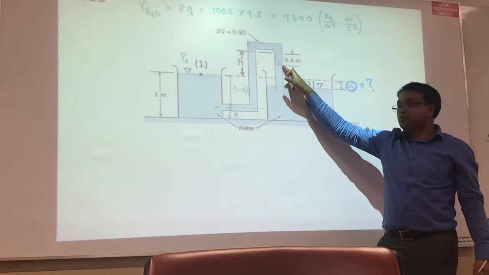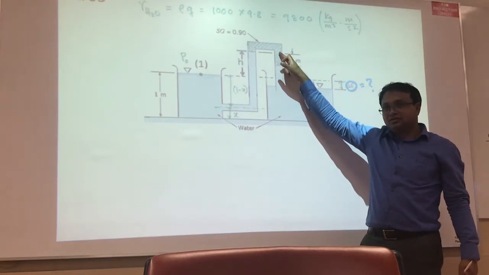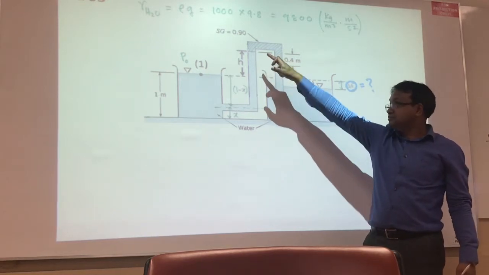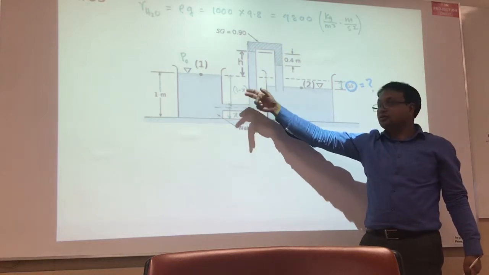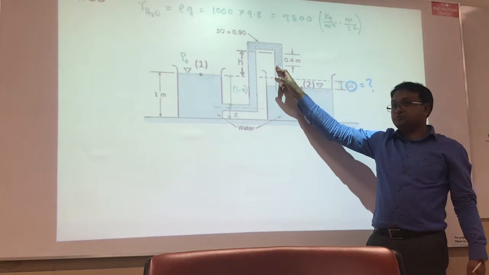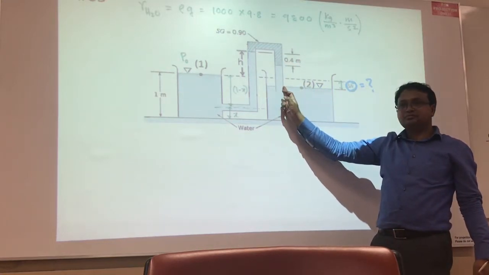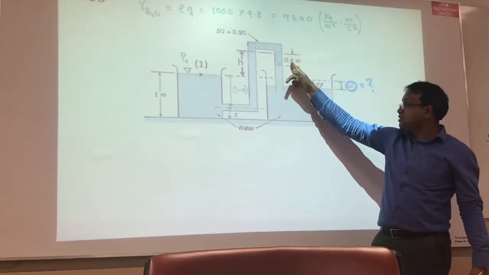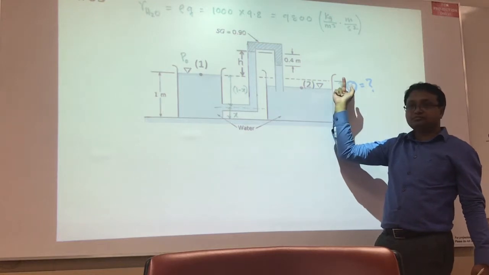From here to here is 0.4. That means plus rho g. No specific gravity is there, different fluid. Specific gravity is 0.9. That is, water is 1. So rho g h times specific gravity 0.9. And from here to here, h minus 0.4. From here to here, delta H.